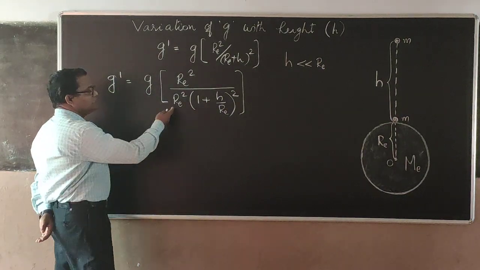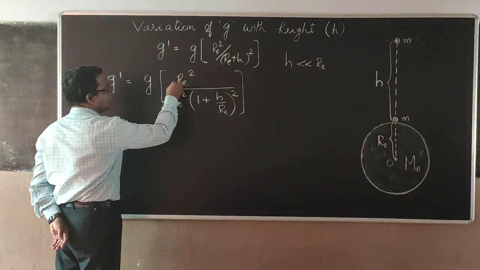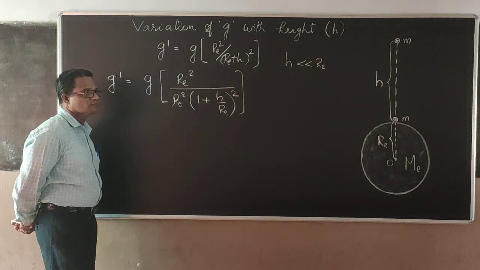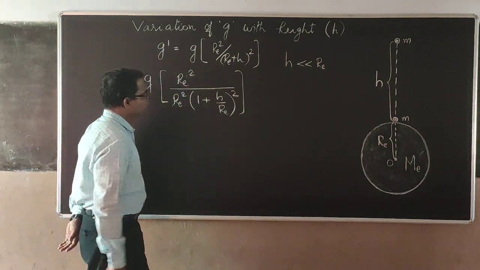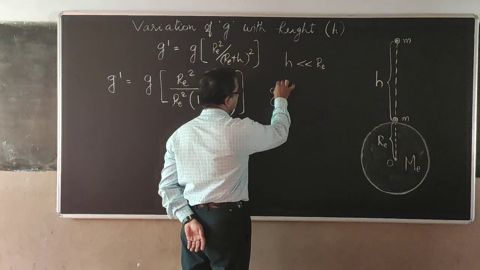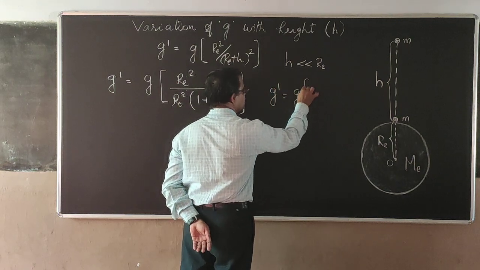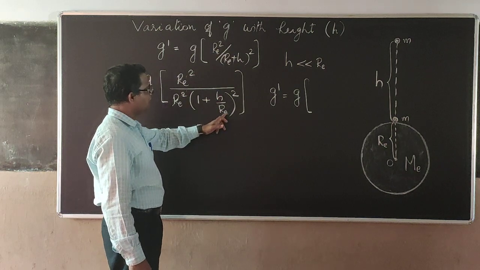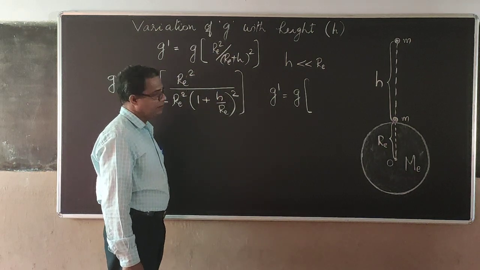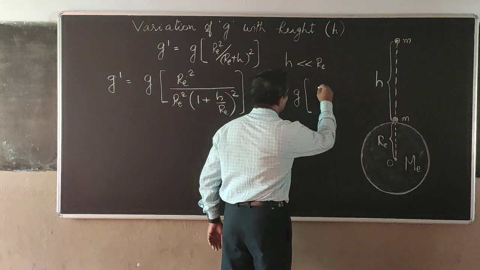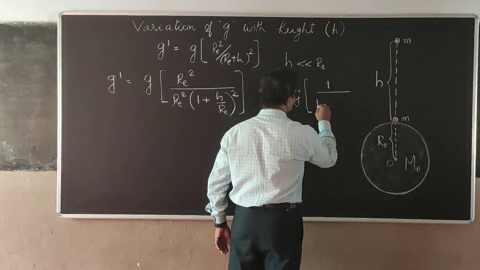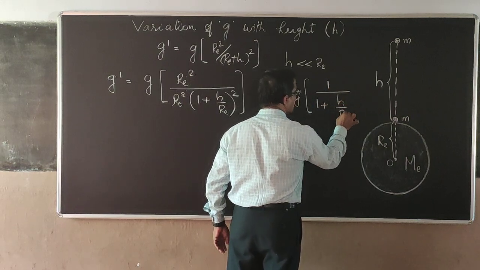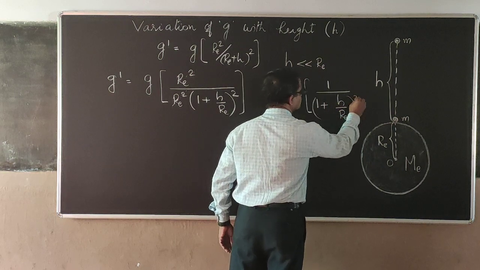Now what remains is this one and this one will cancel, and we get the formula G prime equal to G into 1 by (1 plus H by RE) the whole square. That is 1 divided by (1 plus H by RE) the whole square.